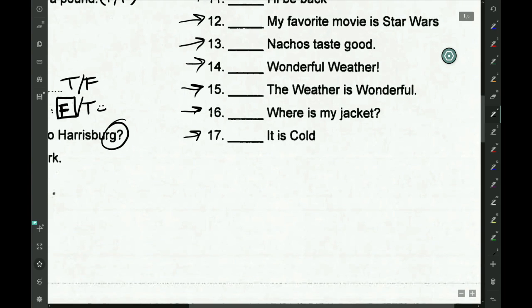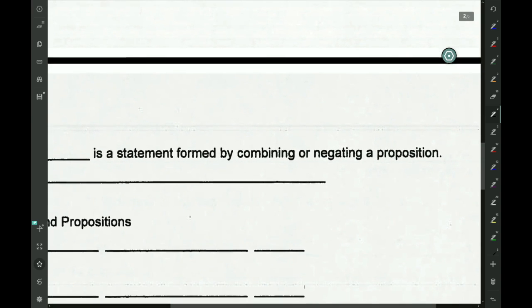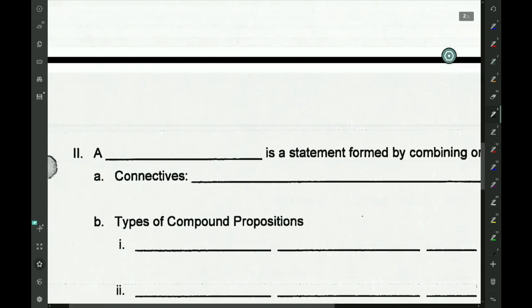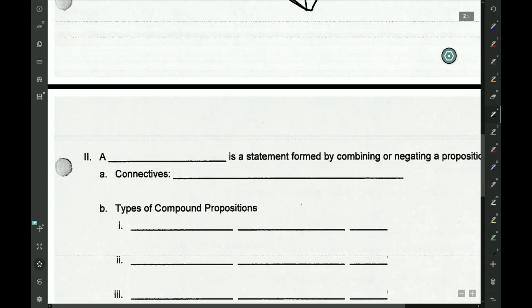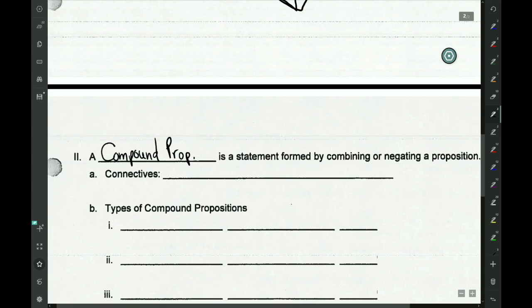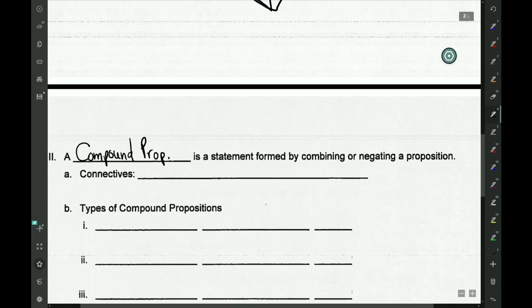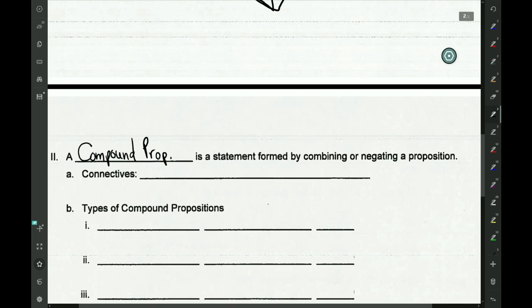Now, before you do those, or you can pause and do those, let's move on to the last little piece, which is dealing with compound propositions. When you have compound interest or compounds in chemistry, that is two things combined. So a compound proposition is a statement formed by combining or negating propositions.